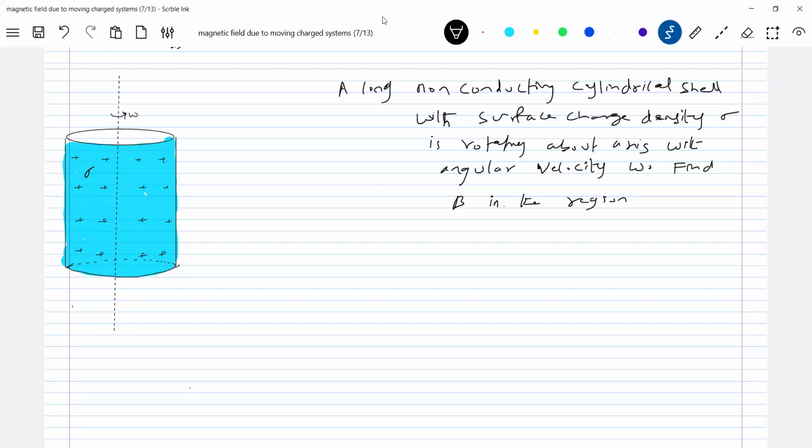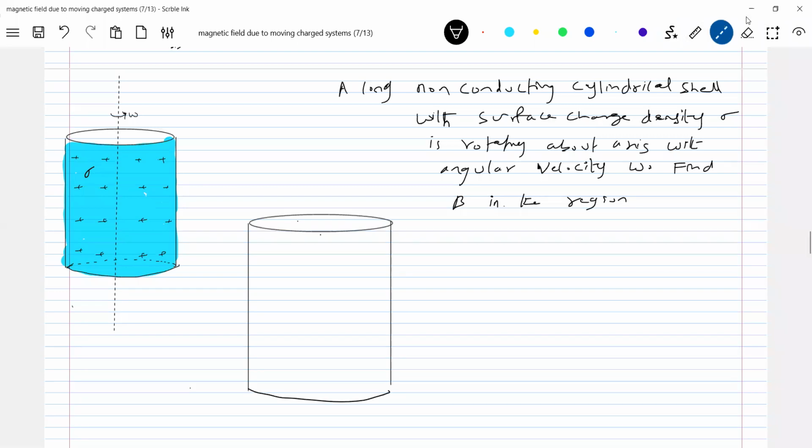So what I do is I'll assume a system like this, with the axis about which it is rotating. Let me assume a strip.